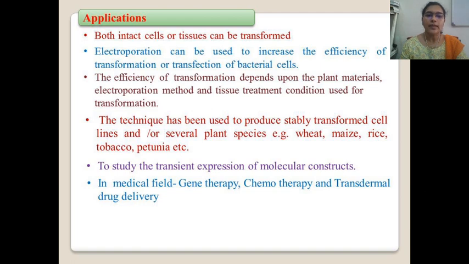Fourth, the technique has been used to produce stably transformed cell lines of several plant species, for example, wheat, maize, rice, tobacco, petunia, etc. It is also used to study the transient expression of molecular constructs. In the medical field, it has been used to study gene therapy, chemotherapy and transdermal drug delivery.